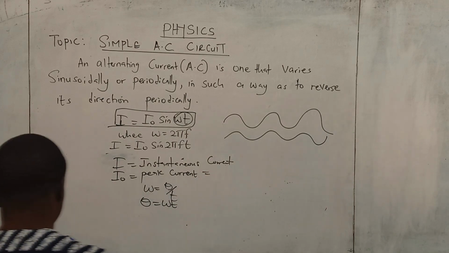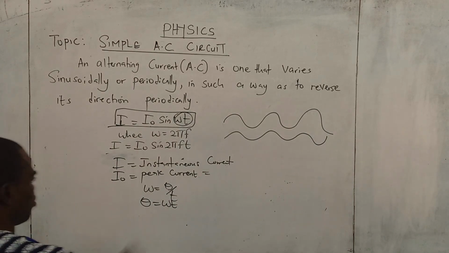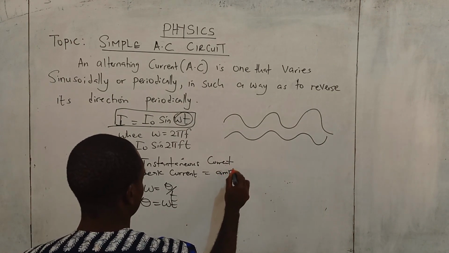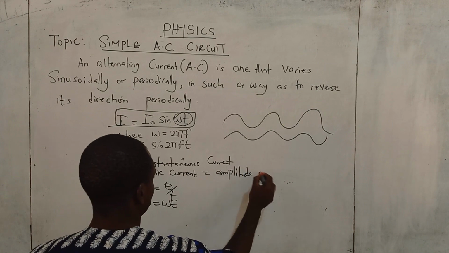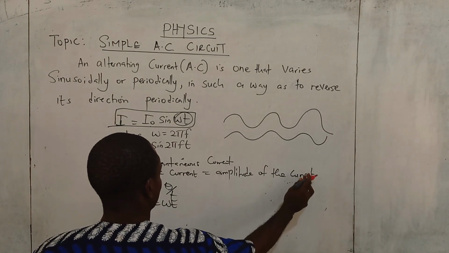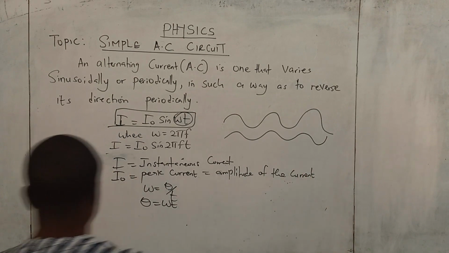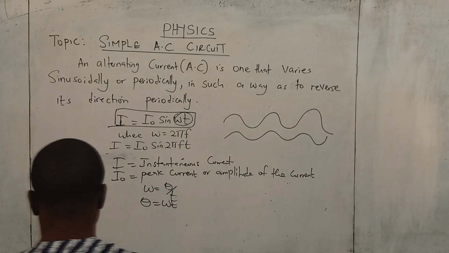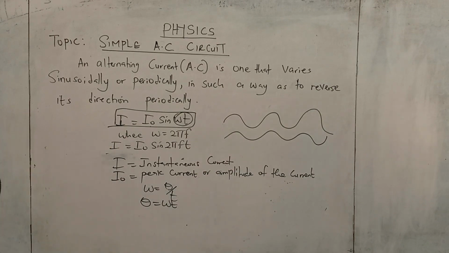I naught is the peak current, or the amplitude of the current.